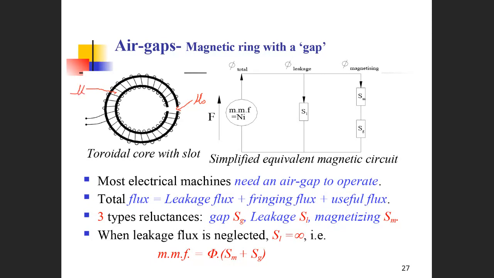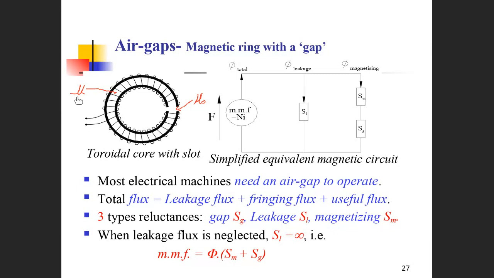That's the difference. So the air gap has permeability mu0, and the other parts of the core have mu. Mu0 is constant and small. Mu is non-constant and bigger.